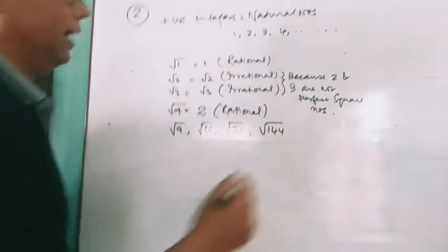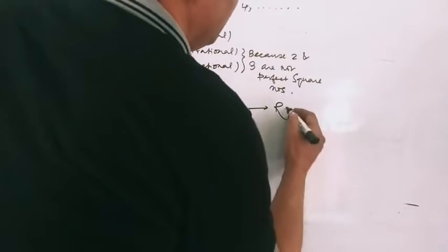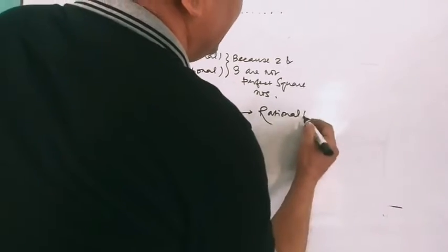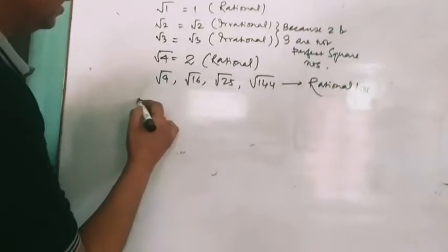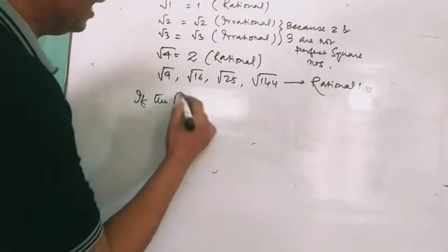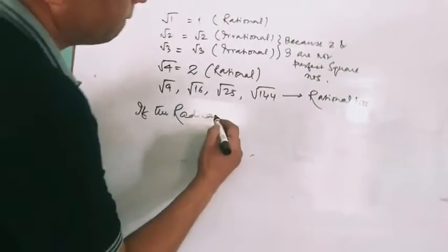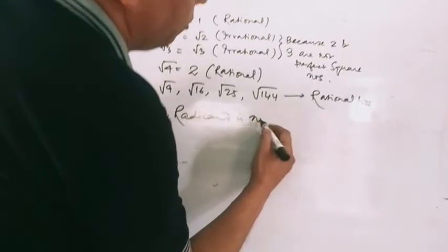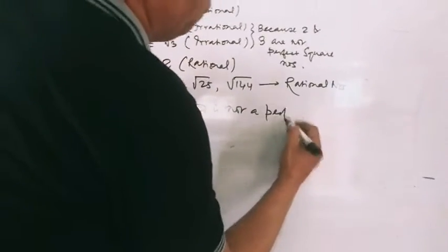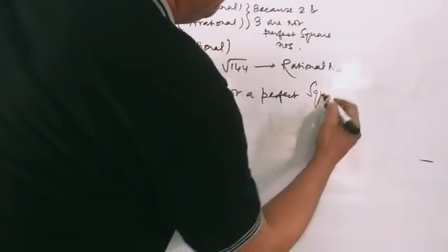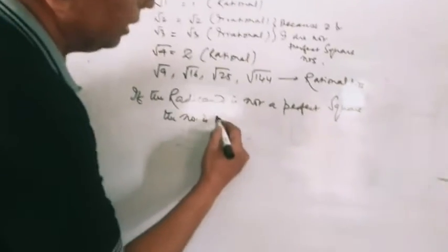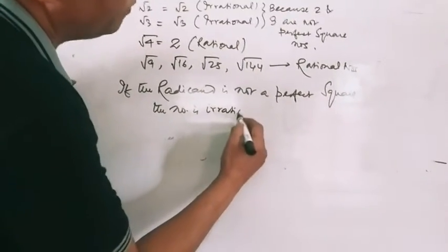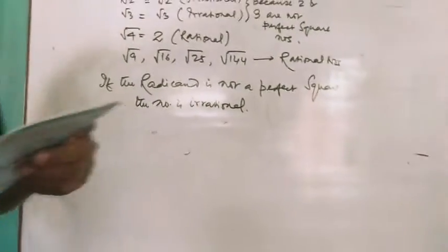All these are examples of rational numbers. But if the radicand is not a perfect square, the number is irrational. Students, I hope that you have got it.